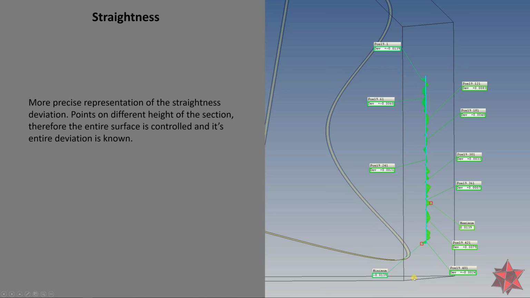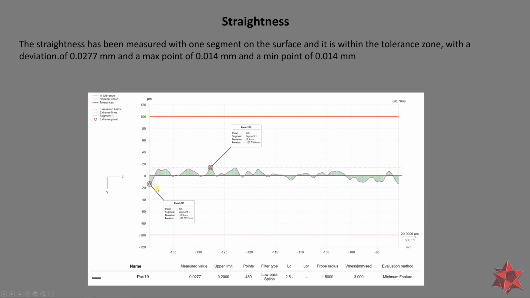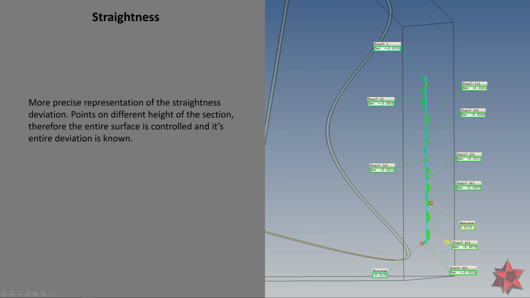And here we can see again some more information from the line. So it's the maximum point right here and the minimum point right here, like we saw here. It's the same points, and some other points from the line if they are interesting, and where the line was made, so we can see exactly where the line was made.